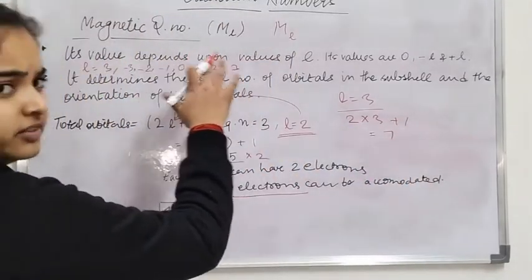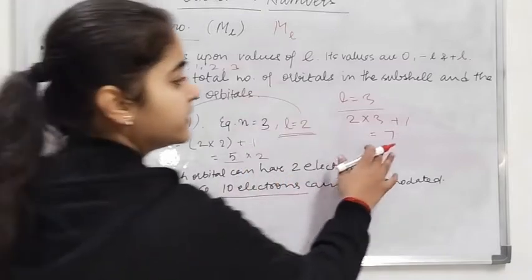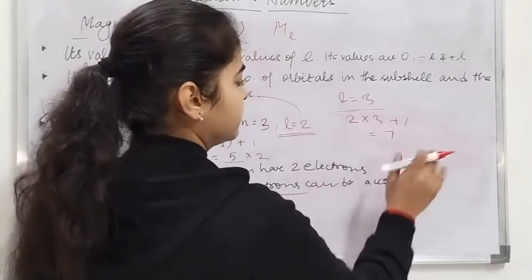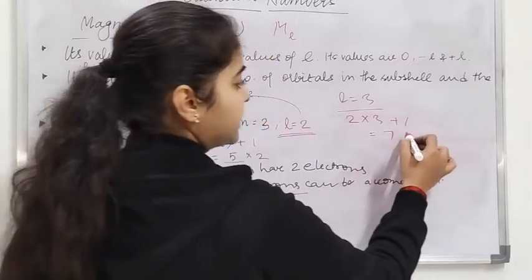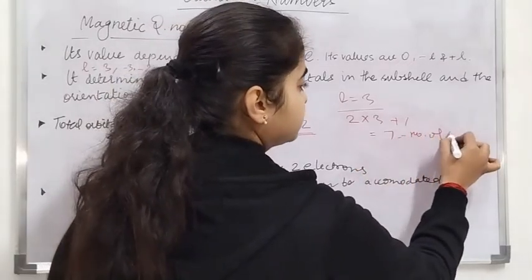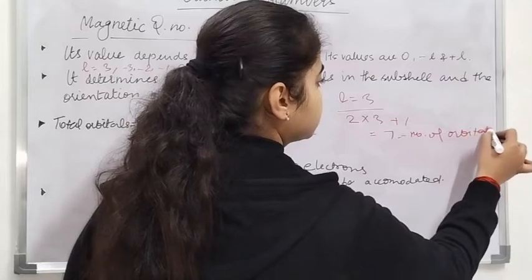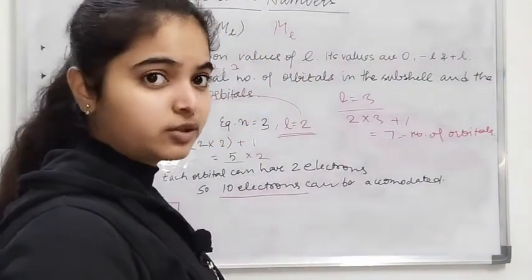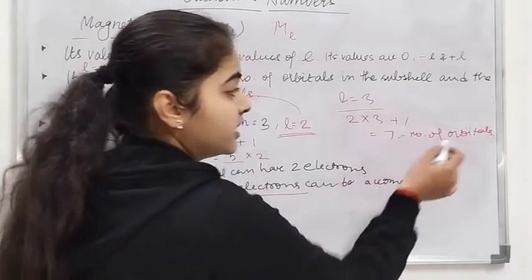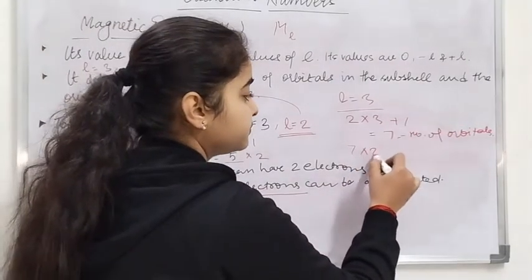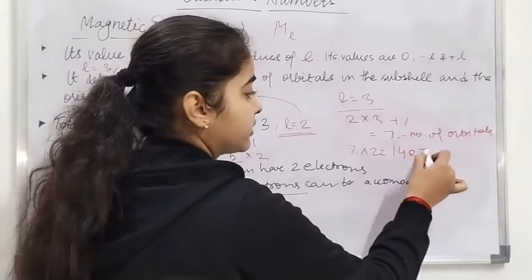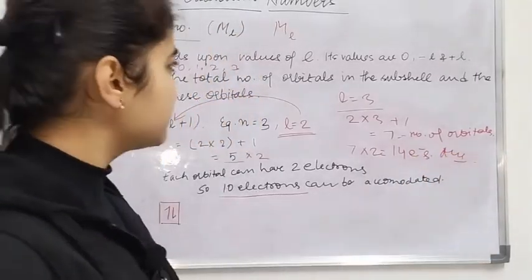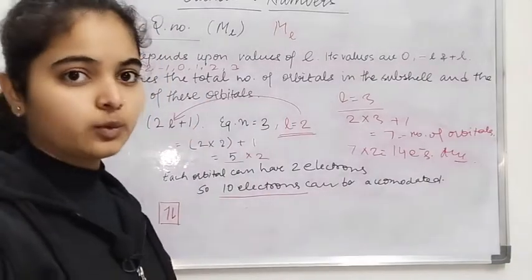Here we have to count the numbers, and there we get it directly. So this is the easier method, but you can use either. These are the number of orbitals. But if we have to find the number of electrons, then we multiply the number of orbitals by 2. That is 14 electrons. So this is the method of calculating magnetic quantum number.